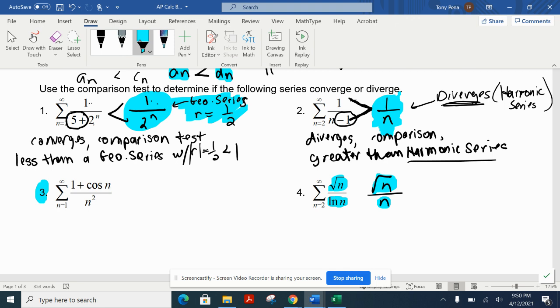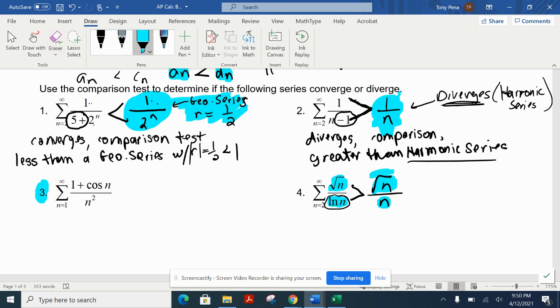So if our numerators are the same, and this natural log number is always going to be small, it's going to grow very, very slowly relative to y equals n. Then wouldn't this natural log compared to the n always give us a smaller value? And if the numerators are the same, and this one's always being divided by a smaller number, then that would mean the one on the left would always be greater than the terms of the one on the right.